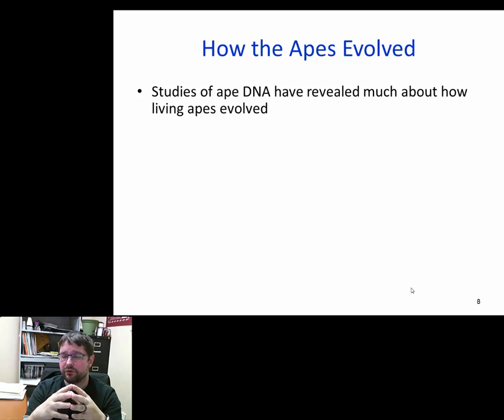But it wasn't really until the 1980s or so that we started being able to analyze DNA. And we started to be able to look at if organisms are closely related, then their DNA should be very close to each other. You shouldn't have as many mutations occurred the closer they are.